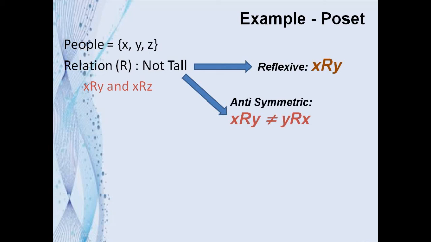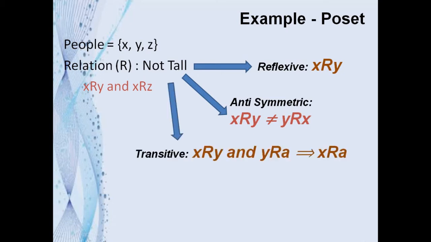Here x is not taller than y, and it's obvious that y is not shorter than x, so R is antisymmetric. And what about transitive? The person x is not taller than y and y is not taller than some a, and this obviously becomes x is not taller than a. So this relation R is a partial order relation.